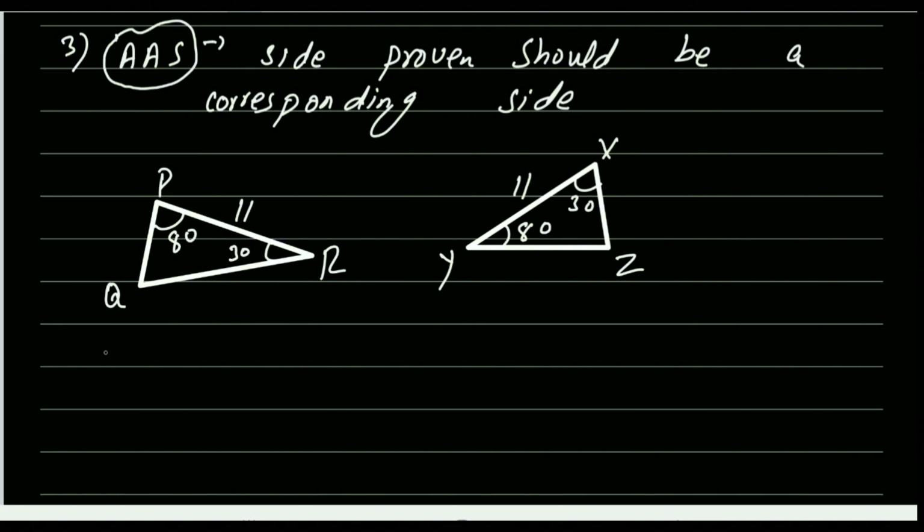First of all, side. PR is equal to XY is equal to 11, and the reason is it is given. You can see that it is given that these two sides are of 11. So the reason will be just given.